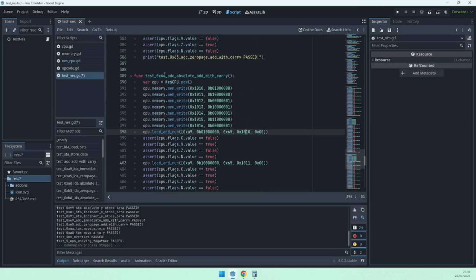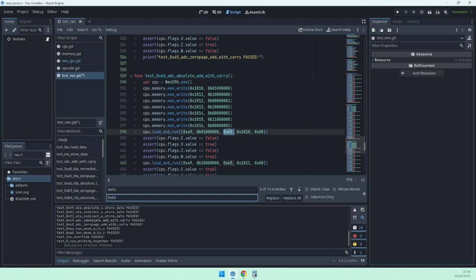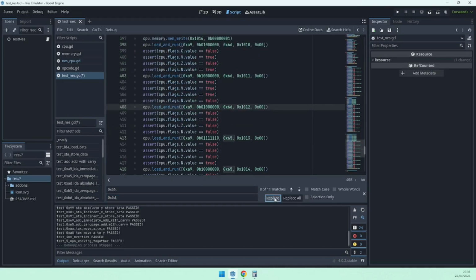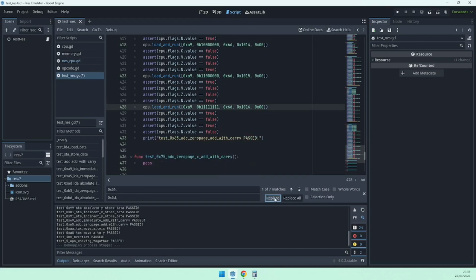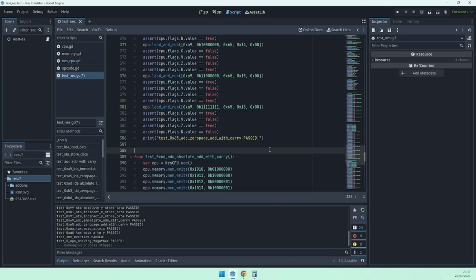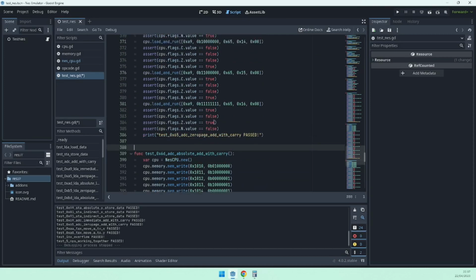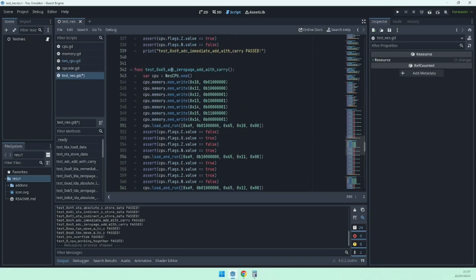And let's change the instruction. Replace. Okay. And this one.